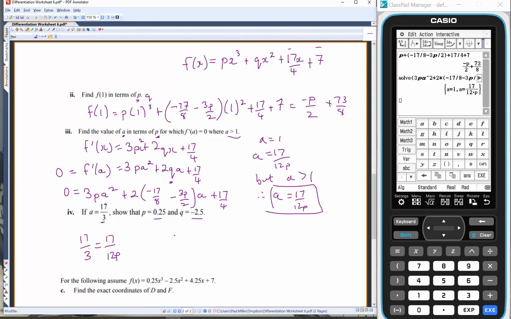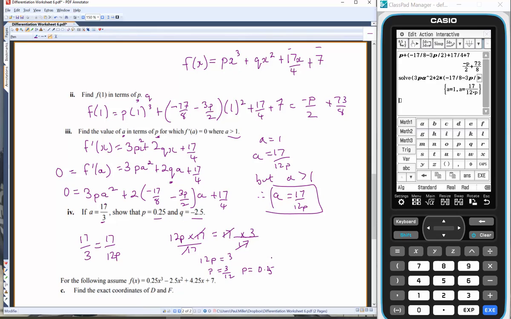Okay, so how are we going to do this? 12p times 17 equals 17 times 3. So I've just cross multiplied there. Now I'm going to divide both sides by 17, which will cancel that 17 and that 17. 12p equals 3, p equals 3 on 12, p equals 0.25.